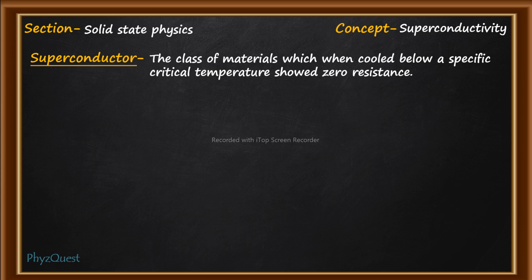Why zero resistance? Because two electrons form a bound state instead of repelling each other. When they repel each other, they create resistance. But since they form a bound state called a Cooper pair, they create zero resistance to the electric current, which is why those materials are known as superconductors.